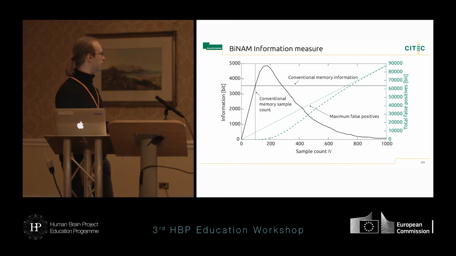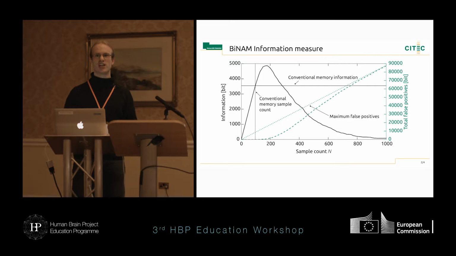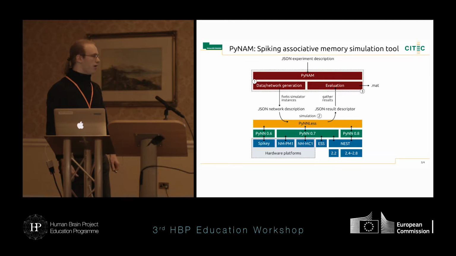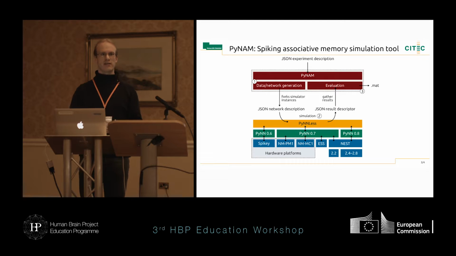The idea is to simply run this memory on the various neuromorphic hardware systems and simulator platforms, and to calculate how much information can actually be recalled when implementing this memory as a spiking neural network on those platforms. The largest challenge is to actually run this network on those various platforms, like the neuromorphic hardware platforms Spikey, NMPM1 and NMMC1.